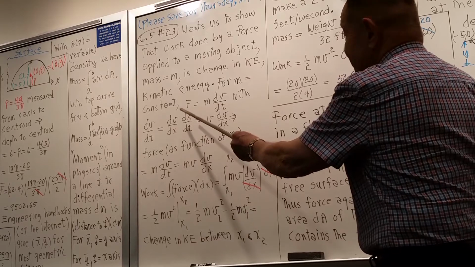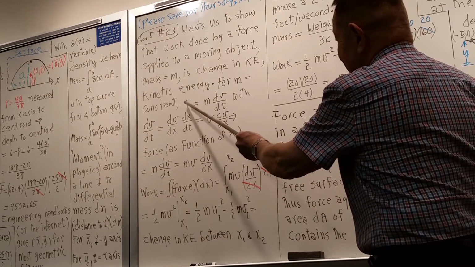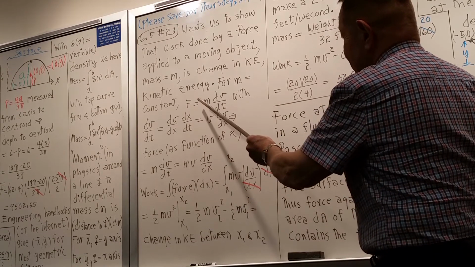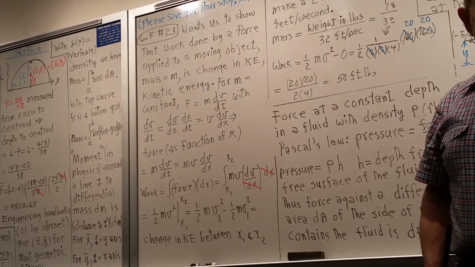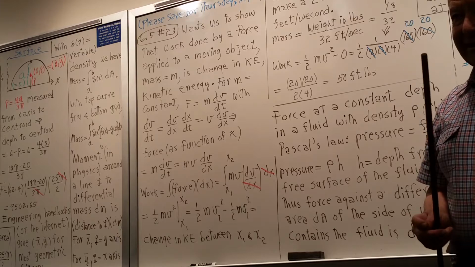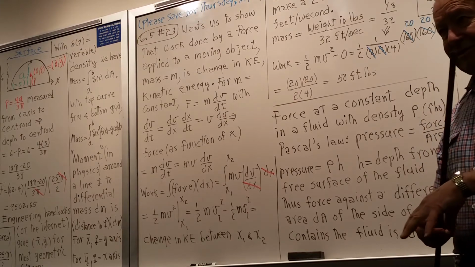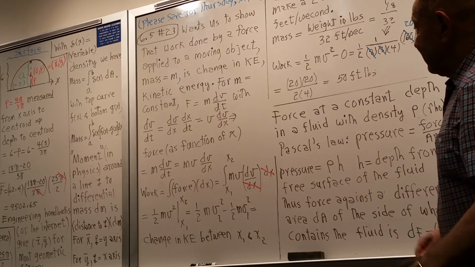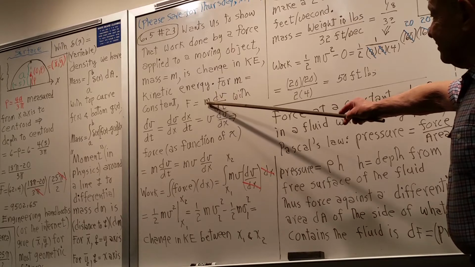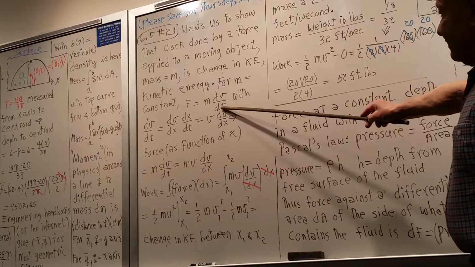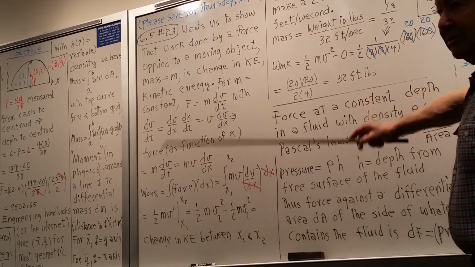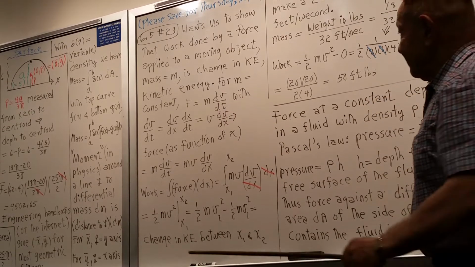then according to Sir Isaac's law, the force, which in general is the time derivative of momentum, so that allows that mass could change as well as velocity. If it's a constant mass, then it becomes mass times the time derivative of velocity, which is what you call acceleration.